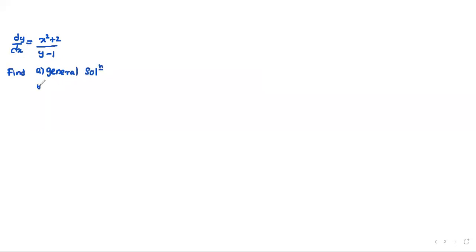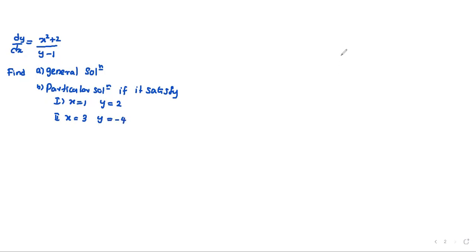Part B, the particular solution if it satisfies part 1, x equals 1 with y equals 2, and part 2, x equals 3 with y equals minus 4, somewhere around here. Okay, we'll try to get the answers for this question.